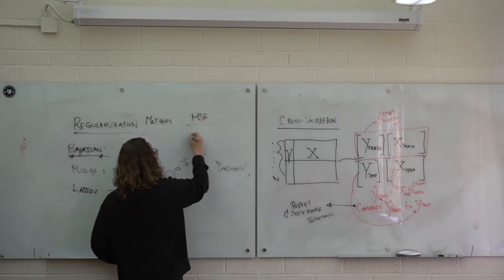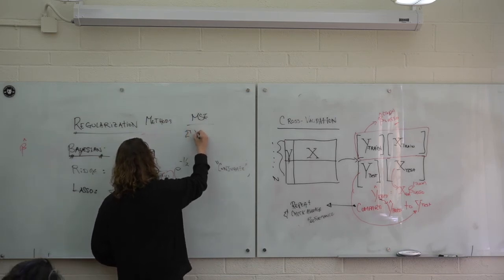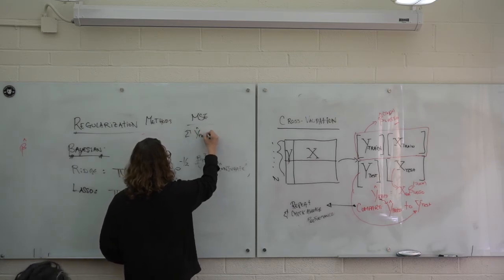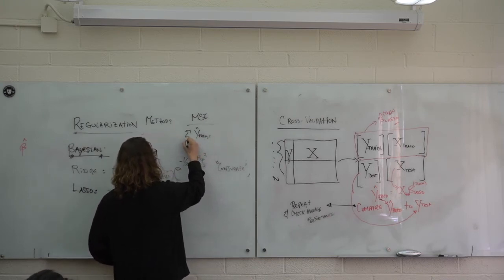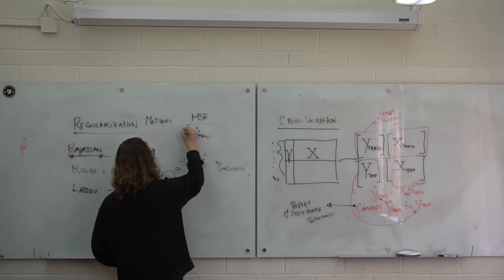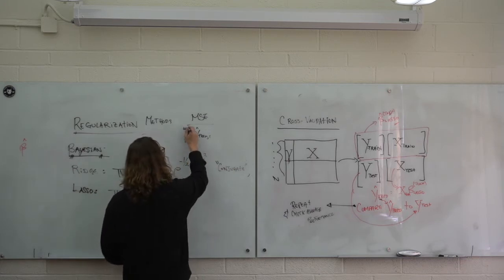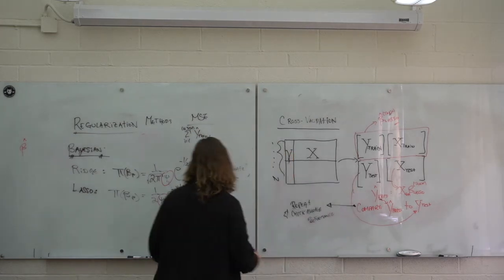MSE, where that's just the sum of the y predicted minus, and then I've got a whole bunch of these, so I'm just going to say i goes from 1 to the number in my test set, just however many data points are here.